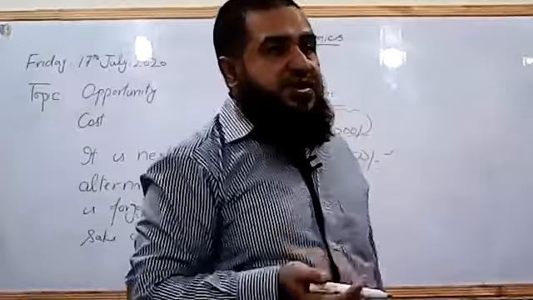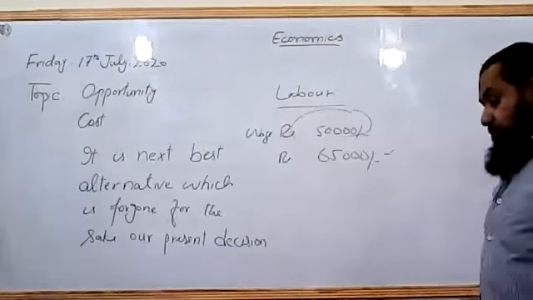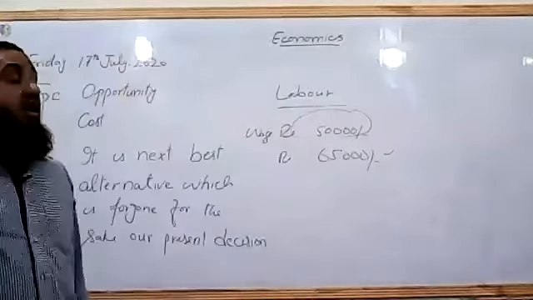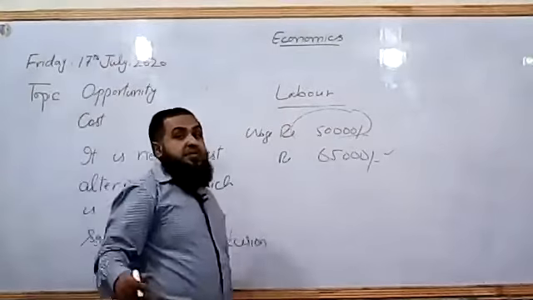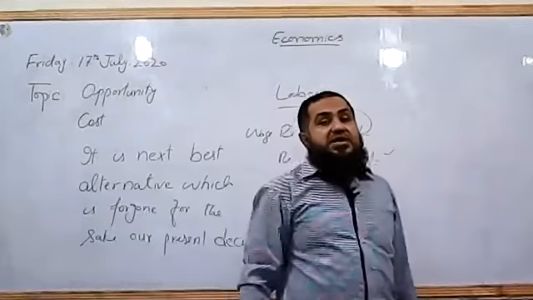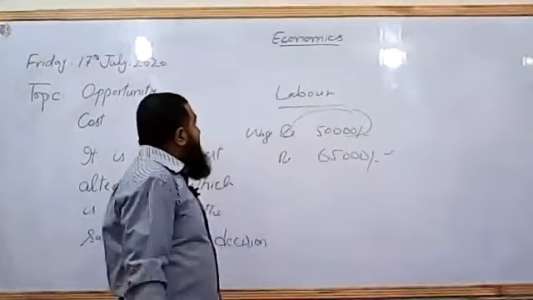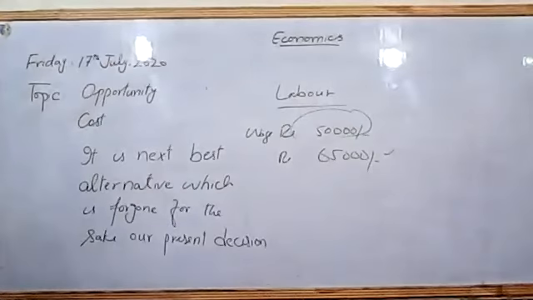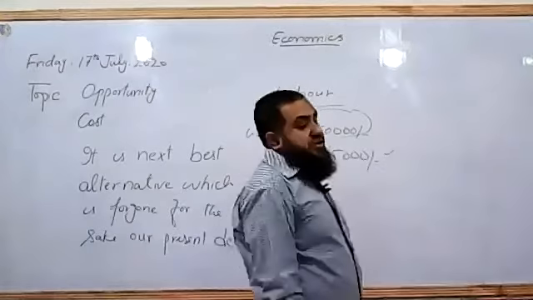Consumers also face opportunity cost. Suppose you go to a fast food chain and opt for pizza, and you can also consume a burger. If you choose pizza, then the burger is the opportunity cost within the same income you are going to spend. So consumers and labor face opportunity cost, and capital also has opportunity cost.